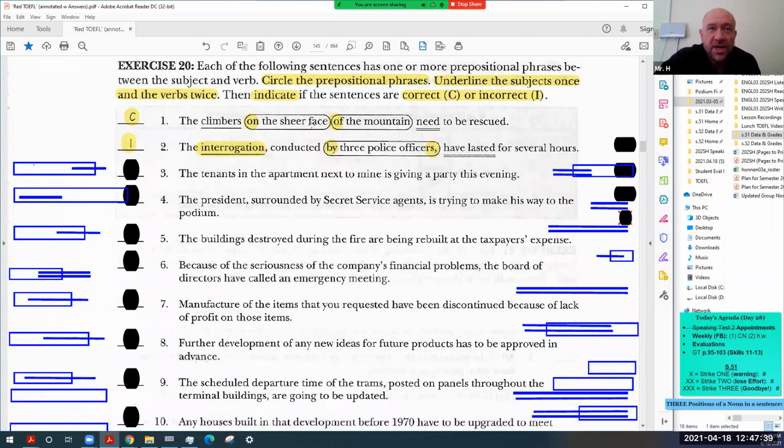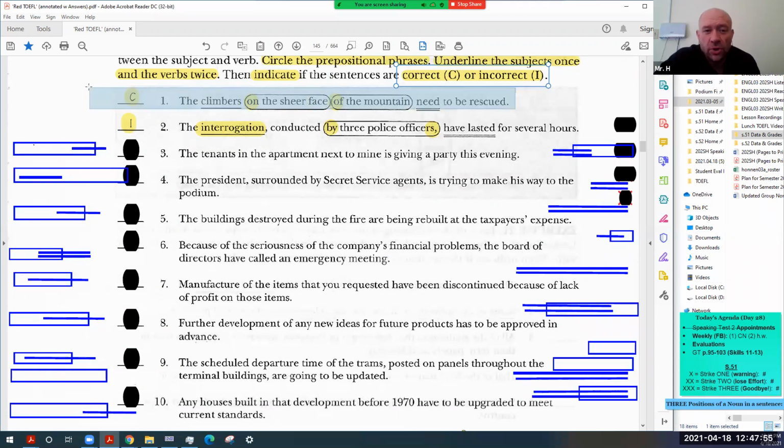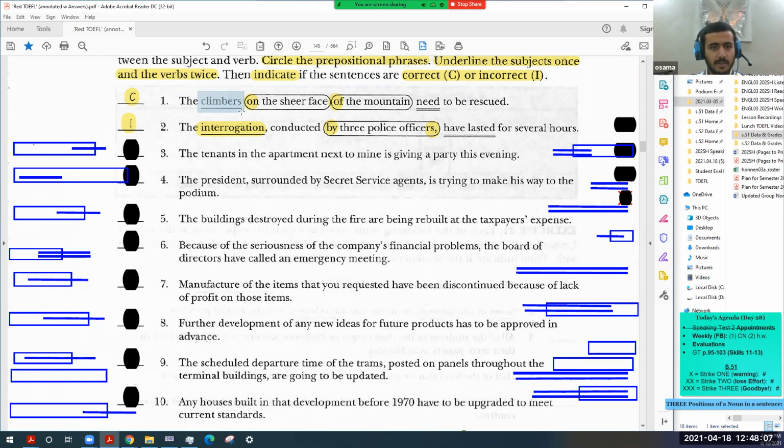All right, how do we do this exercise, Sultan? Circle the prepositional phrase, underline the subject once and the verb twice, and indicate if the sentence is correct or incorrect. Good. Osama, can you explain number 1? Don't read the example. Just explain the lines and the circles. The climbers is the subject. And the verb? Let's find the verb.